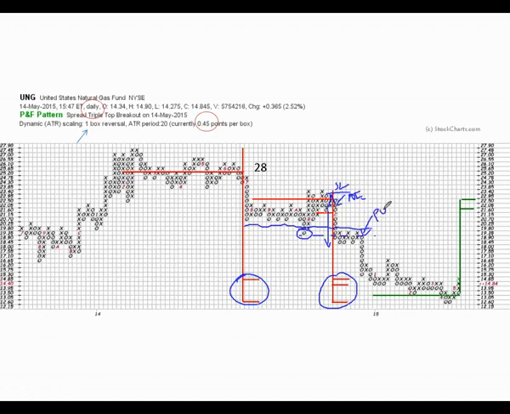So you might put a second position on there, and then you'd move your stop loss down on both positions to a level where if you do get stopped out, you're marginally positive on the whole trade. So I would calculate that, and I would put my stop above that, or below that.